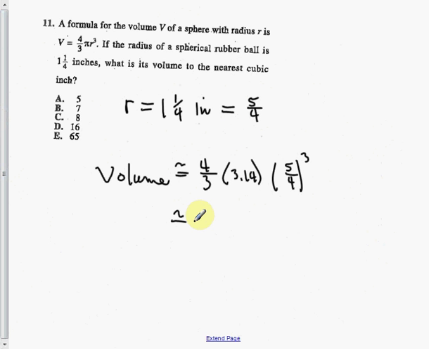So I get something a little bit bigger than 8, like 8.177. And this, we would say C. This is the volume to the nearest, here, cubic inches. Just the closest one. Okay.